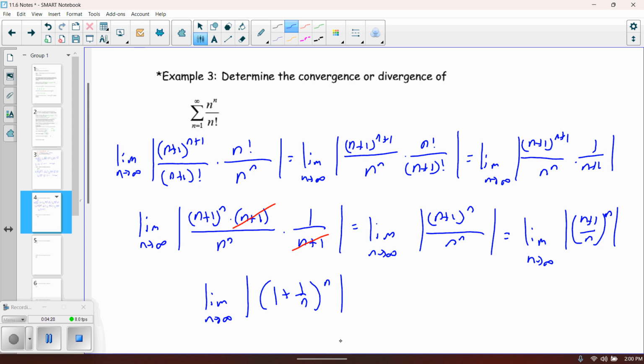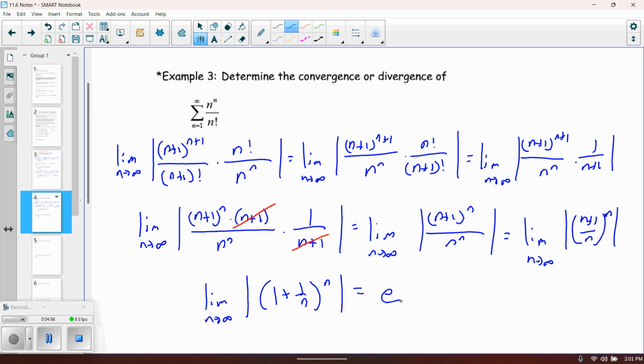Now, if you don't actually recognize what that is, that's okay, because a lot of people aren't really taught this specifically. But the limit as n goes to infinity of 1 plus 1 over n raised to the n power is actually the definition of the number e. We're used to seeing e with exponentials and exponential growth and all that kind of stuff. The approximate value is 2.71, and then so on, it goes on.